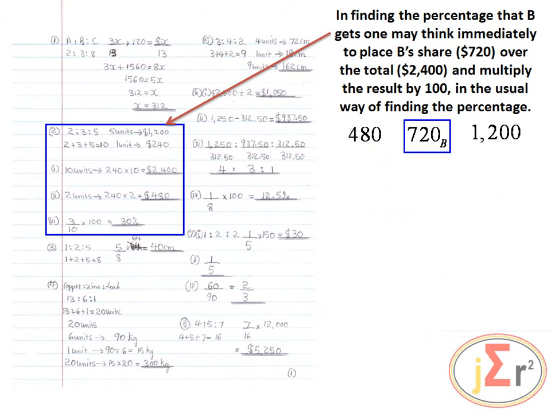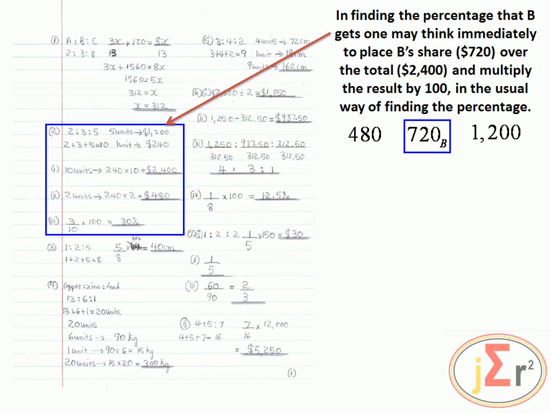In finding the percentage that B gets, one may think immediately to place B's share, which is 720, over the total. That is how we find a particular percentage of a total. We place the amount over the total and multiply by 100.